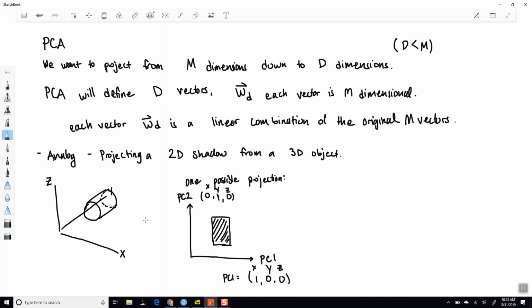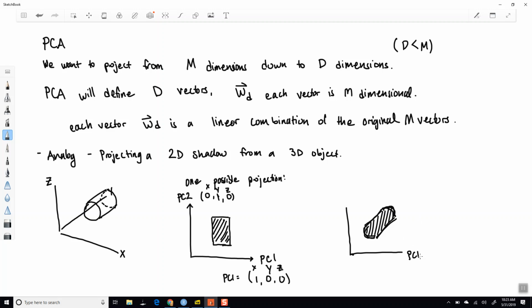Okay, but somebody else could take the tube and project at an angle, and you would get maybe something that looks like this. So you get a bit of curvature on this end and a bit of curvature on this end, and maybe this captures a little bit more of what the shape of the tube looks like, okay?